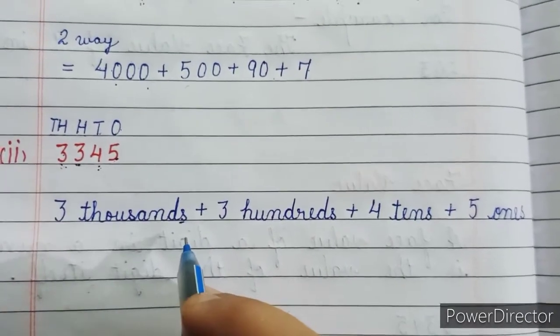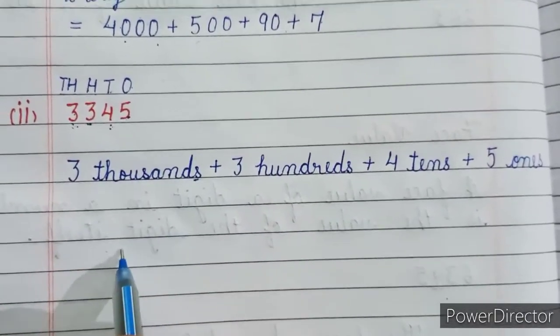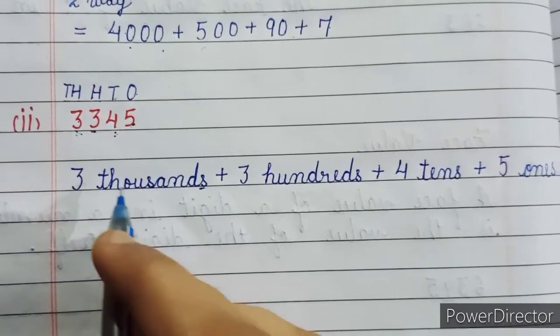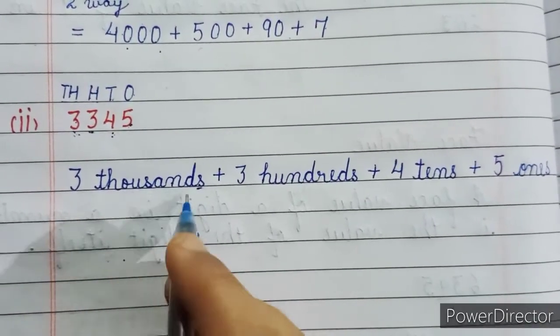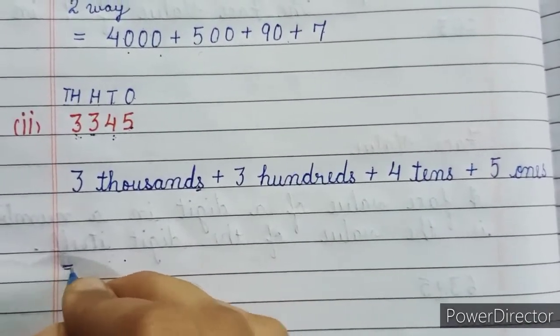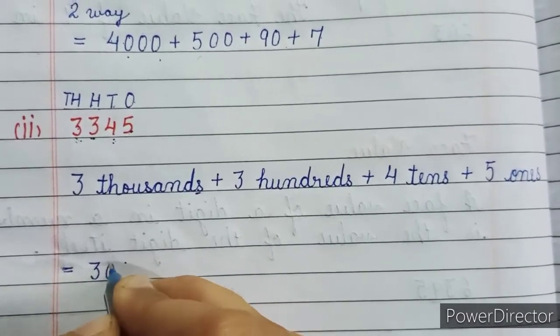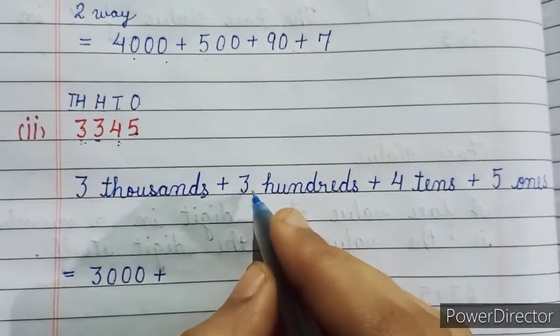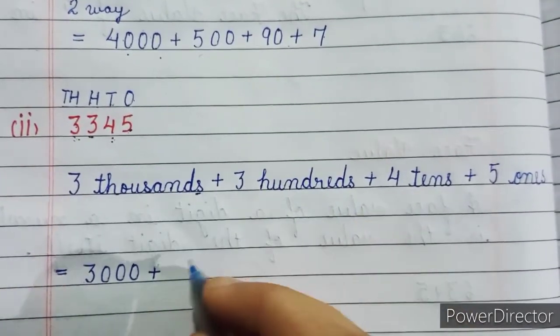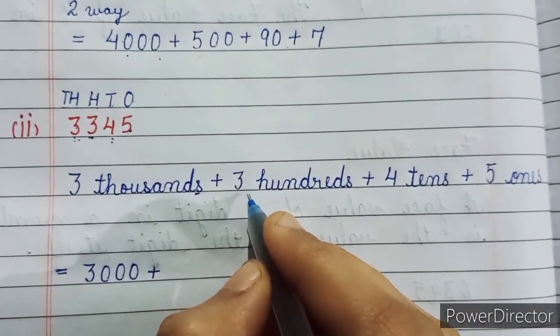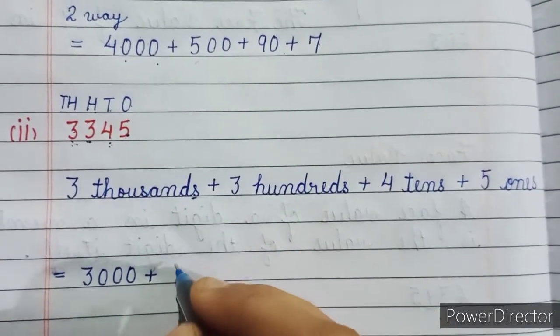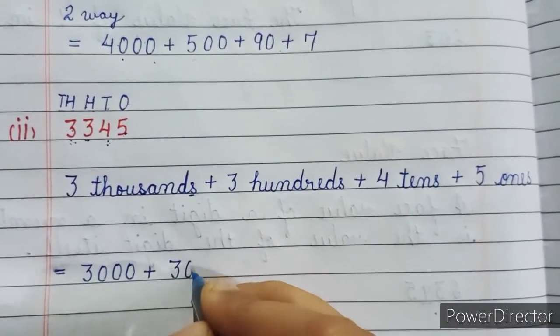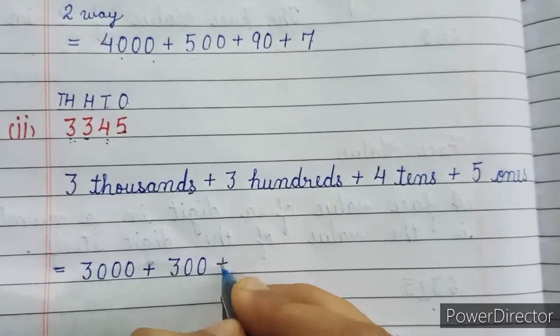Now we can write it the second way, very easily. 3 is thousands, so write 3000. Plus we have 300. Children, we have 300.